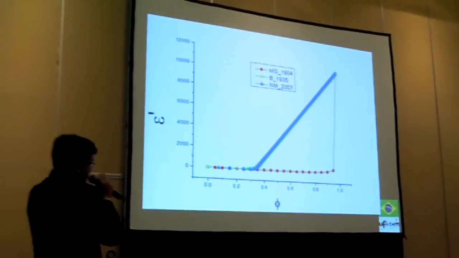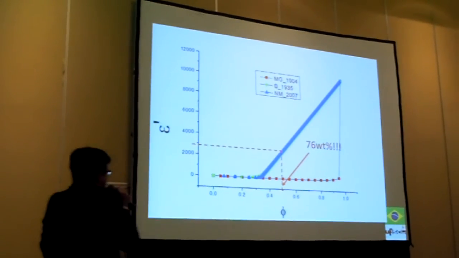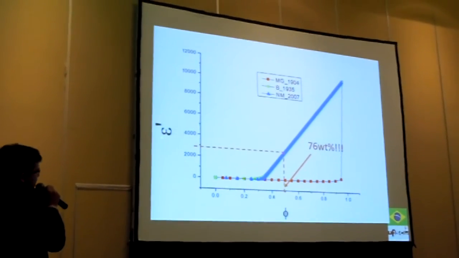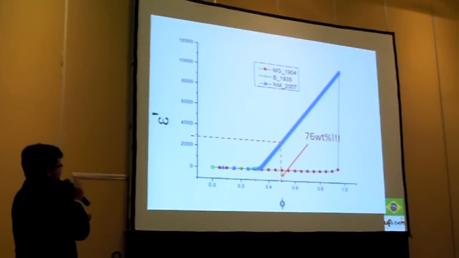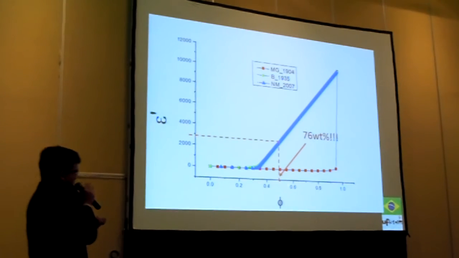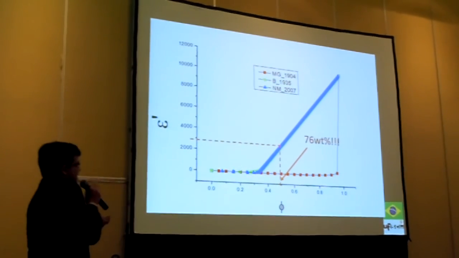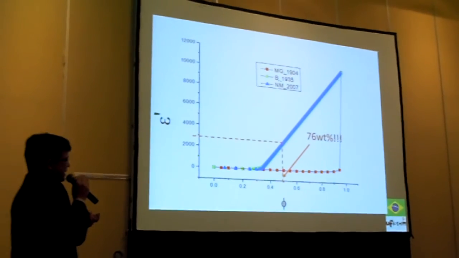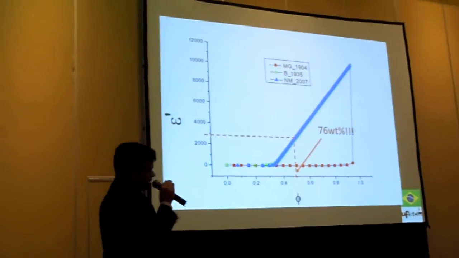Well, plotting the three models together, we observe that for a supercapacitor, the real permittivity of a material applied in a supercapacitor would be interesting using 0.5, but it gives us 76% weight of ceramic material. It's still a lot.